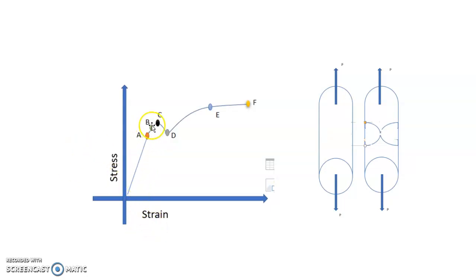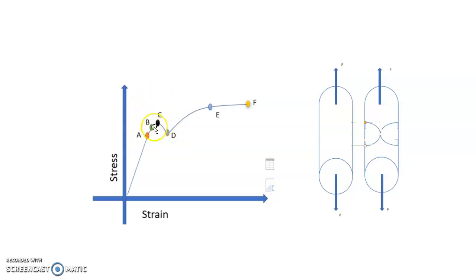After that it starts deviating, but up to point B the elasticity property remains, and the material regains its original shape and size up to point B. After that the behavior is different.